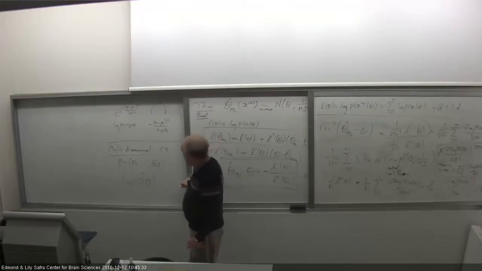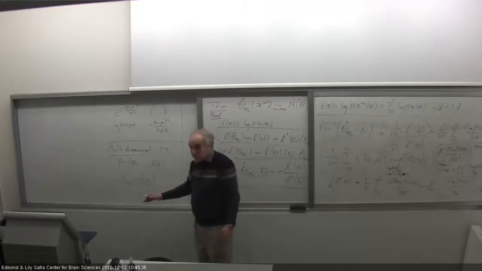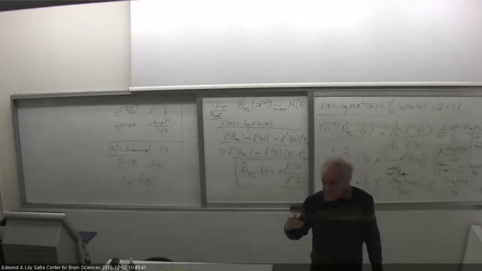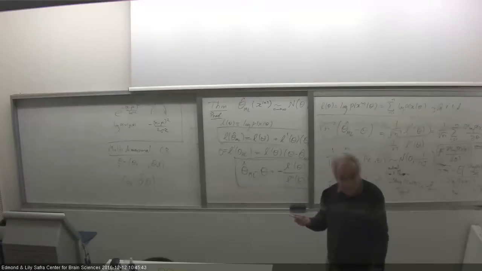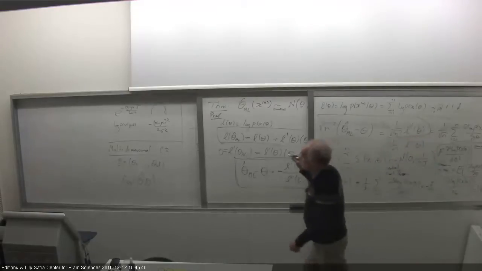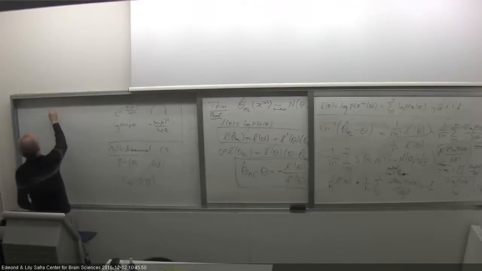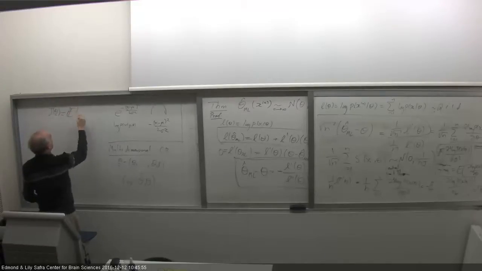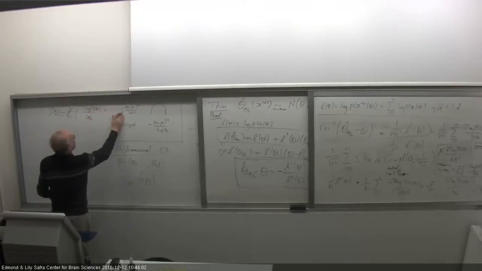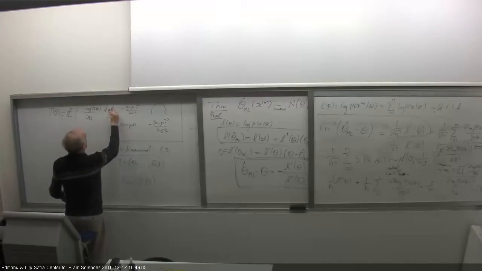And the Cramer-Rao bound is now turned into, okay, we know that in the scalar case the variance was greater than 1 over nJ. Now J itself is a matrix, because J of theta is actually the expectation of d log p(x, theta) over d theta i times d log p(x, theta) over d theta j.